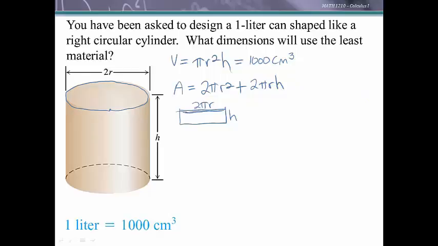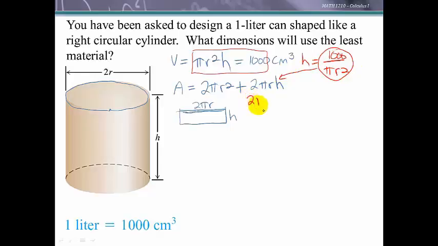Now we have the area expressed with 2 variables, the radius and the height, and we just want one variable, but we have the connection between the variables right here. We could take this and solve it for h. h would be 1,000 over pi r squared, and then we could substitute that in for h.